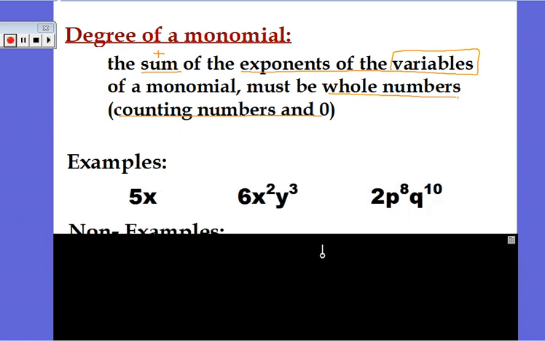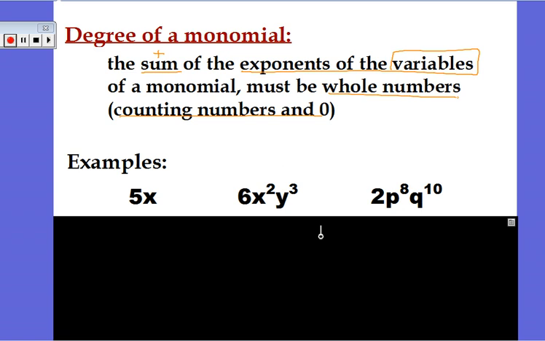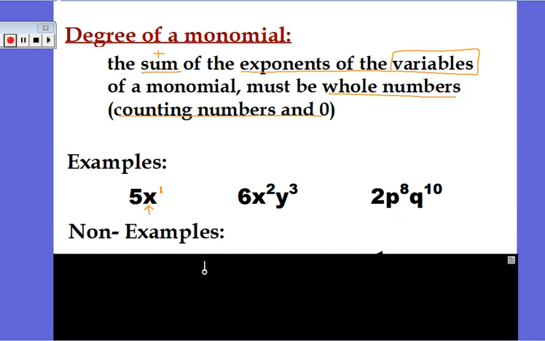The first example is 5x. Well, the variable is x. If I don't see an exponent, that means its exponent is 1. So the degree here, we can say degree equals, or d equals 1. For the next one, we've got 6x squared y cubed. I see 2 on the x squared and 3 on the y cubed.